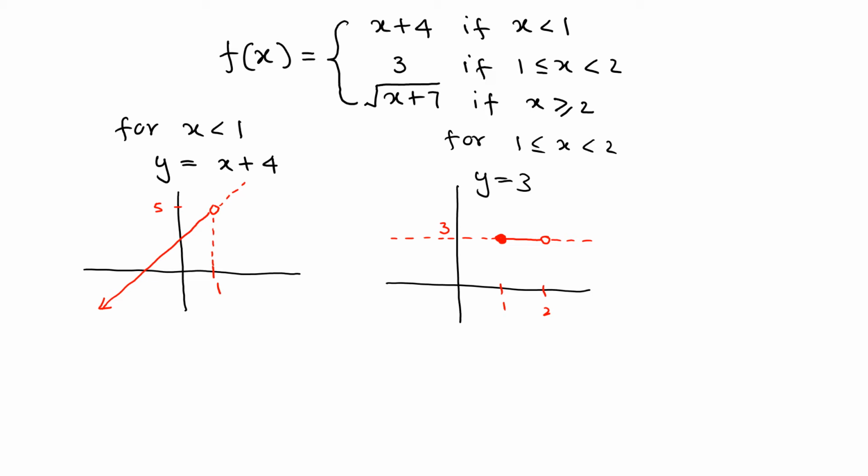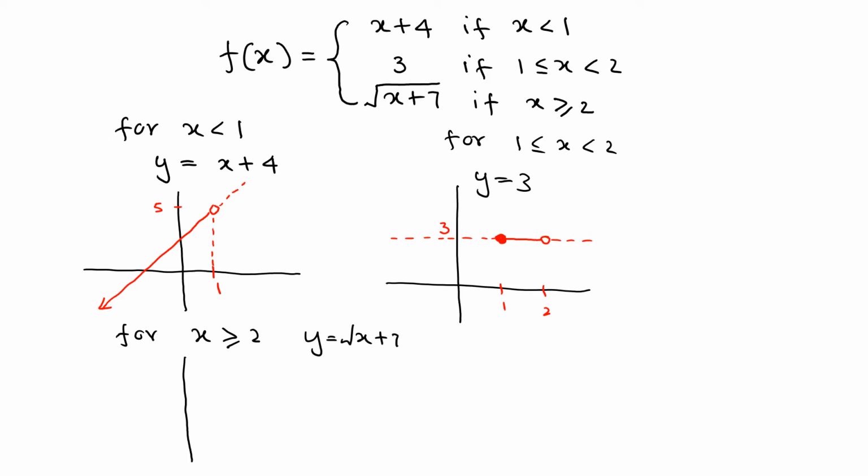So those are the first two functions, and then we have the last function, which is for x greater than or equal to 2. What function do we have? We have y equals the square root of x plus 7.